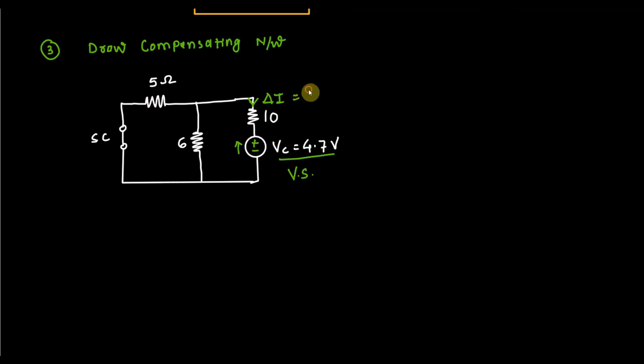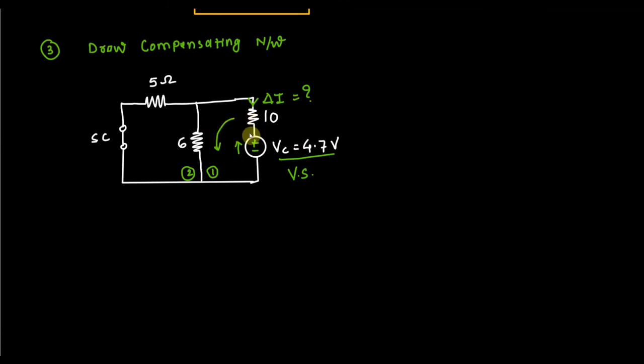Now what is our aim here? Our aim is simply to calculate the delta I. So it's very simple now. Just apply the mesh analysis and you will get the answer. So here I consider this is mesh 1, this is mesh 2. Fine. So assign the current direction.